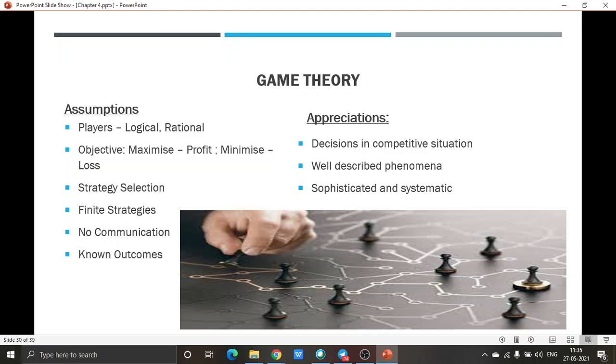Now, here the term game represents a conflict between two or more parties. Therefore, game theory is basically a science of conflict, and a game is described by its set of rules.